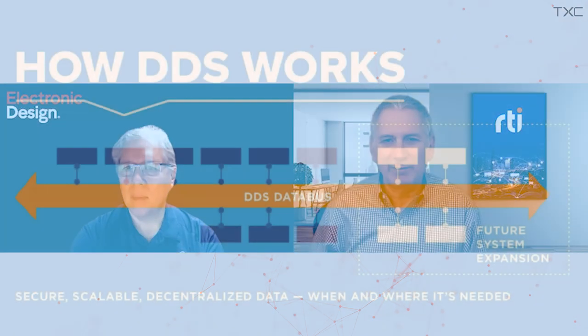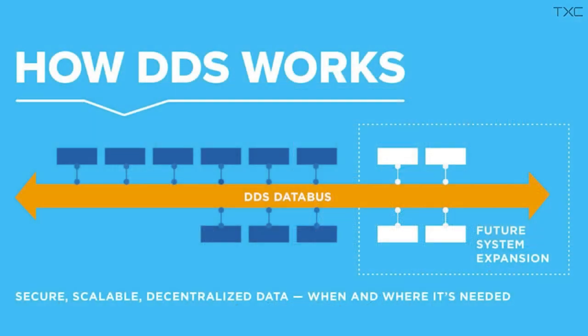Sure. So DDS is a standard that provides a framework for building highly reliable distributed real-time systems. So it's a way for different applications or components of applications or subsystems within these systems to communicate.